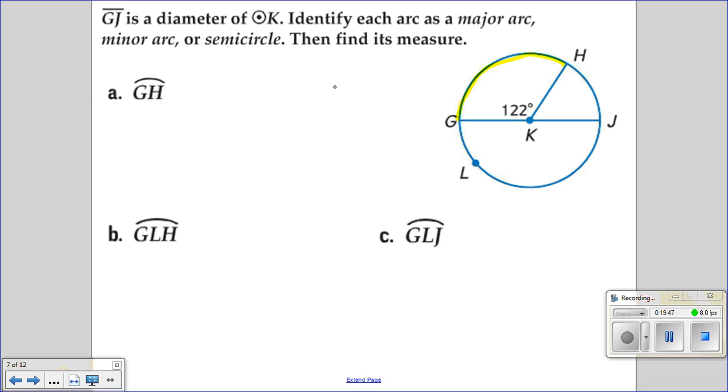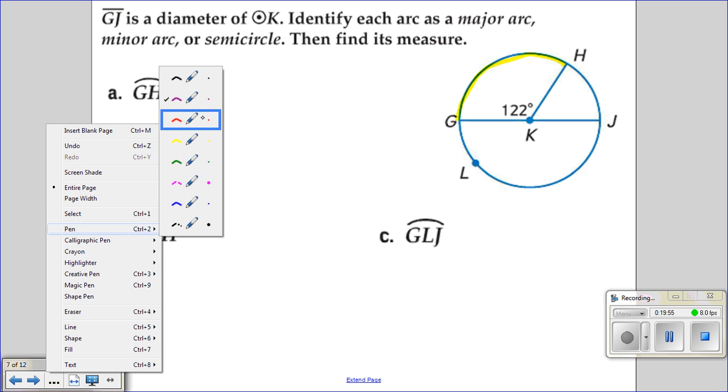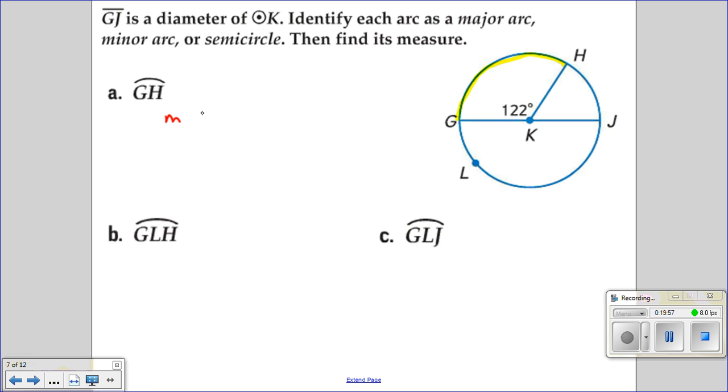The central angle that is connected to GH measures 122 degrees. So that means the measure of arc GH is equal to 122 degrees, which is less than 180, so it's a minor arc.